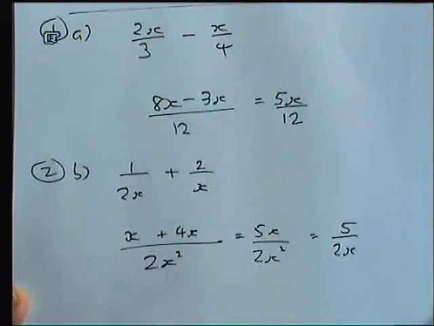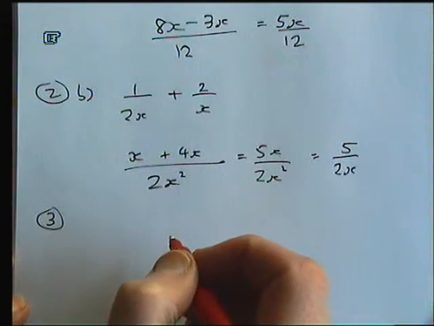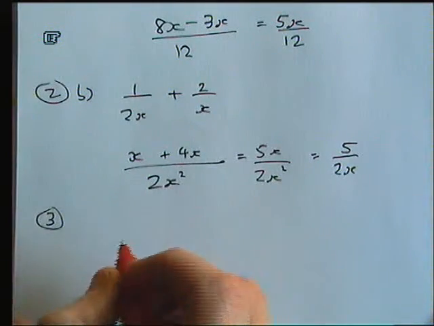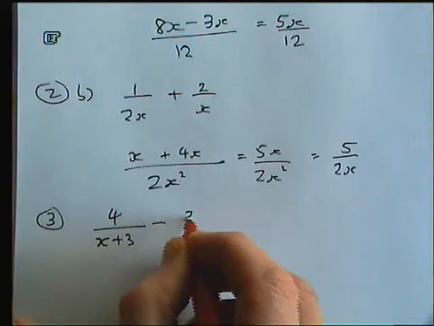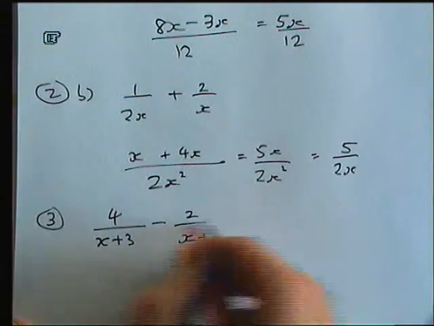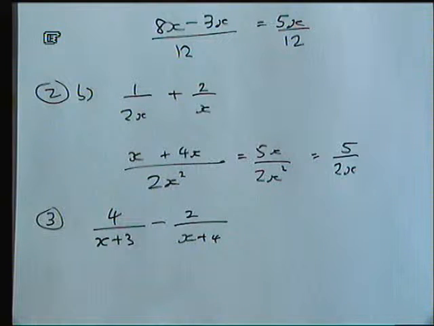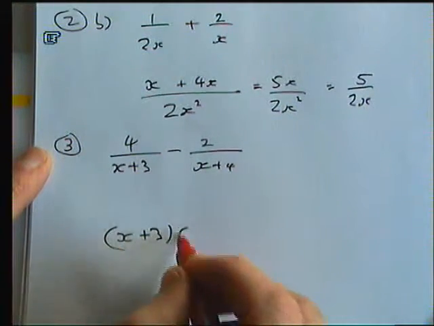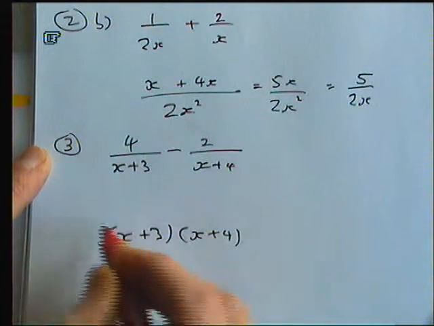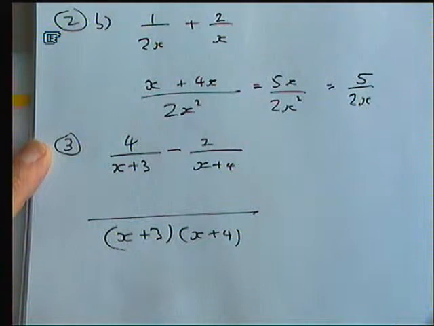Okay, we're back to Callum. Callum, question 3. Which bit am I doing? C. 4 over x plus 3, take away 2 over x plus 4. Same process as before. Common denominator: times those two together, that's x plus 3 and x plus 4 being multiplied together.